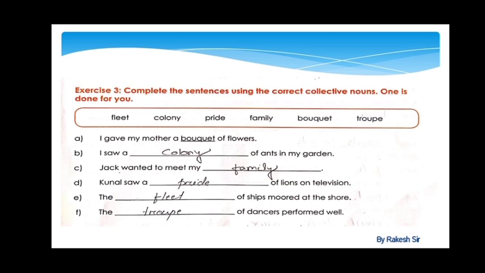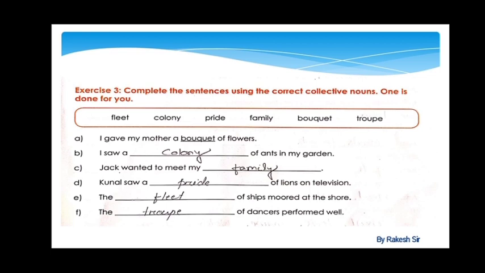Kunal saw a pride of lions on television. So the fourth answer is pride. Now fifth: the fleet of ships moored at the shore. The answer is fleet.